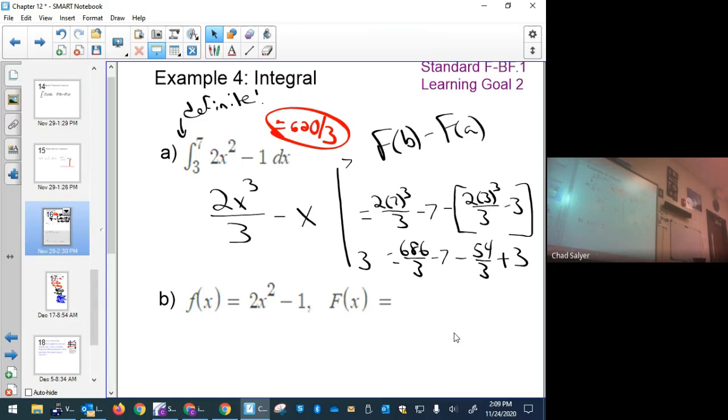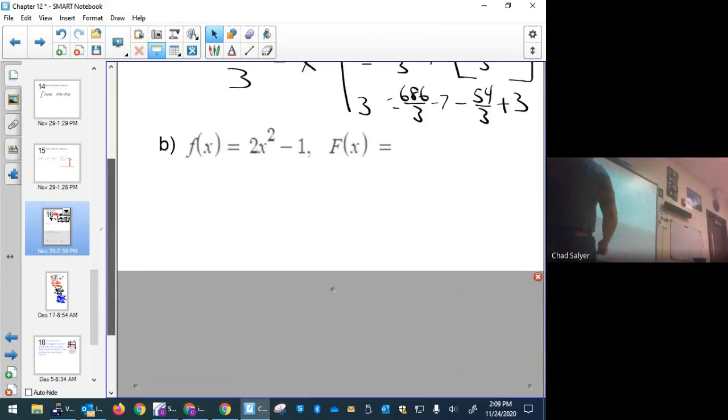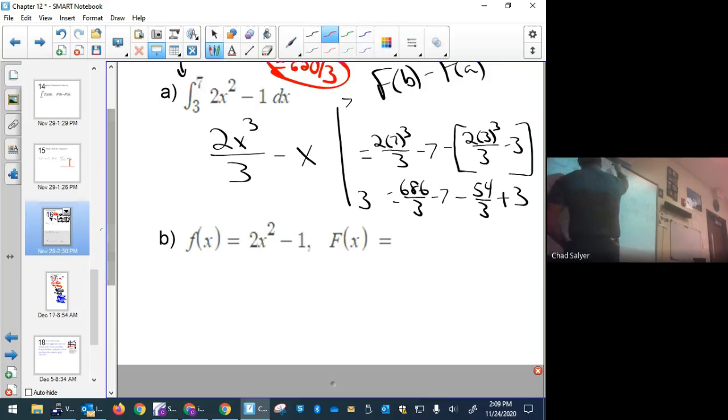Now let's do the indefinite integral, which is really easy by comparison. None of this calculation is necessary, but we do have to remember the unknown constant of integration. So I've already found the antiderivative here, so that's going to be the same for this one. Capital F of x is how we describe the antiderivative.